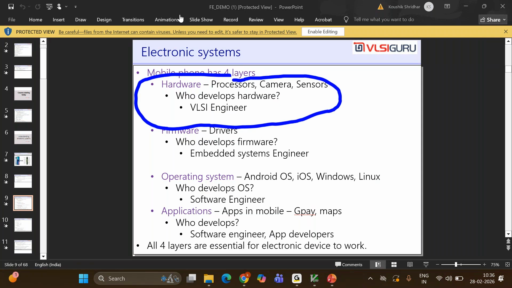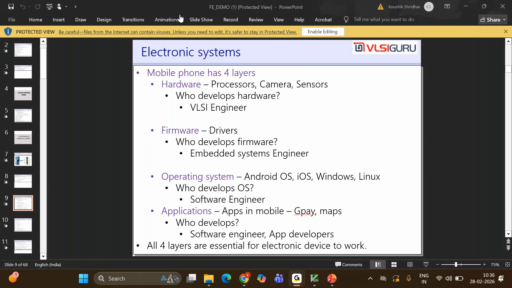Okay, so what do you mean by hardware point of view? You all know that your laptop has something called a USB port. Yes or no? Do you agree? Why is the USB port used? What are the applications of the USB? To transfer data from one medium to another.